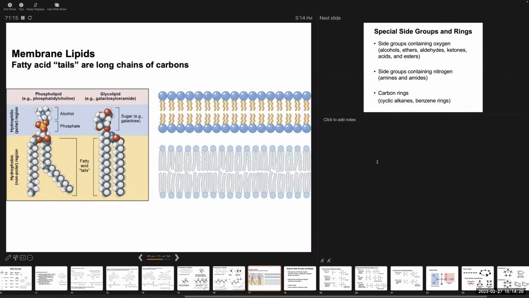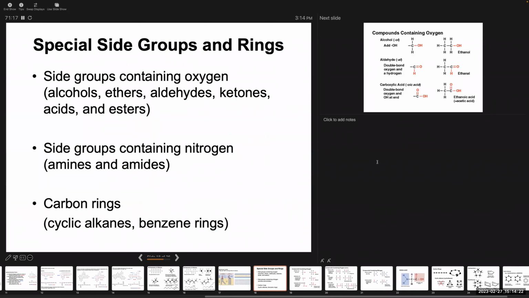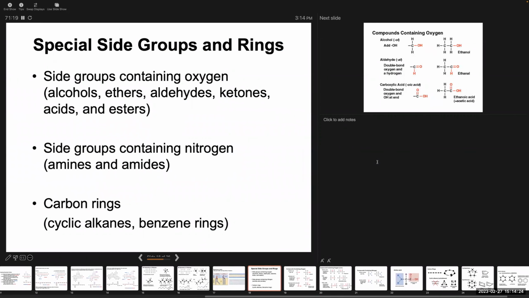Okay, so we've talked about mostly just chains of carbons with a bunch of hydrogens on them, but there are all kinds of other side groups and side chains that dramatically influence the reactivity, the chemistry, of these carbon chains.